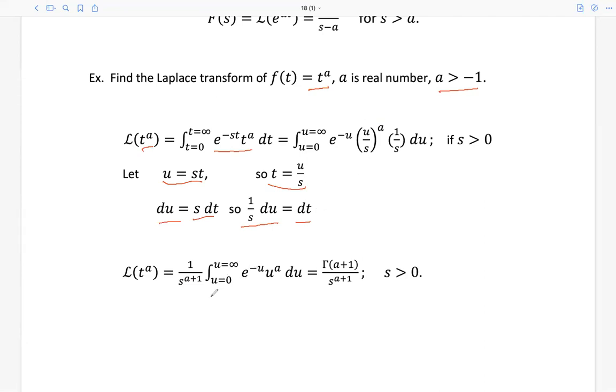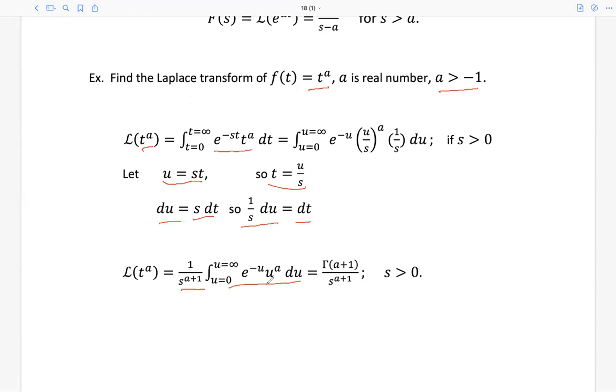Then we keep doing the calculation, and the marvelous thing happens here: we get the integral of e to the negative u, u to the a du.